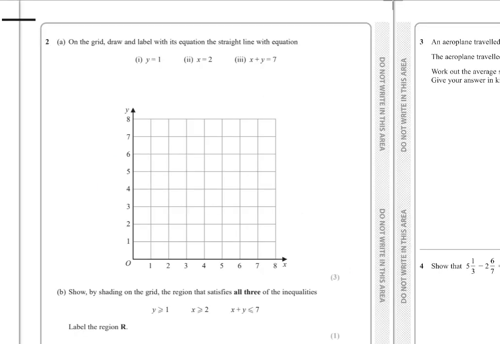Number 2a. On the grid, draw and label with its equation the straight line with equation: i, y equals 1; ii, x equals 2; iii, x plus y equals 7. If we start with y equals 1, it's a horizontal line that intersects the y-axis at 1. You can draw this y equals 1.